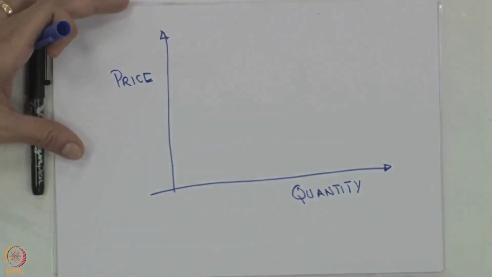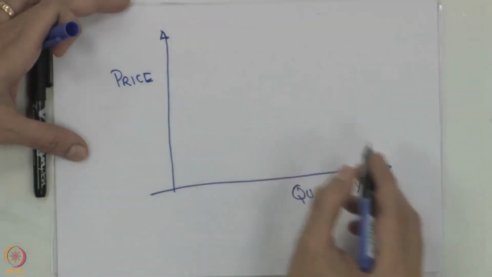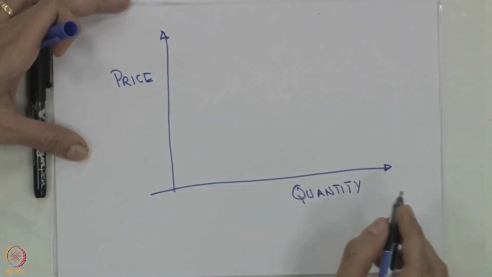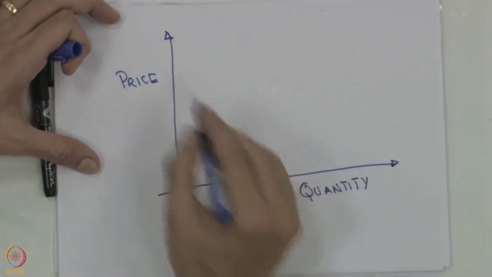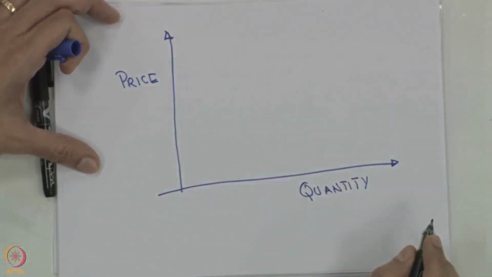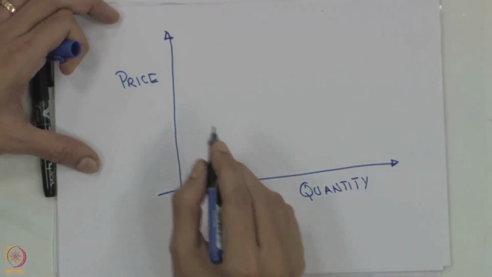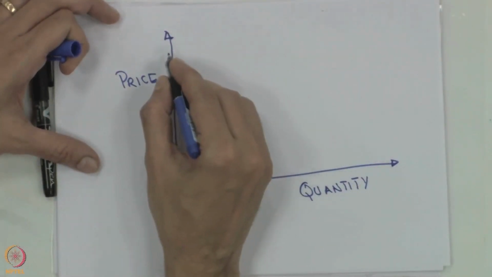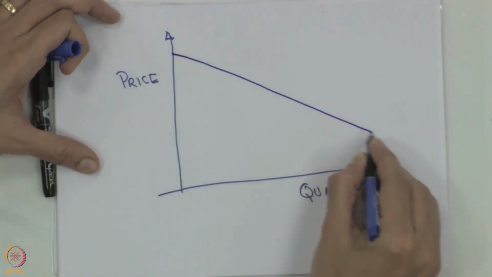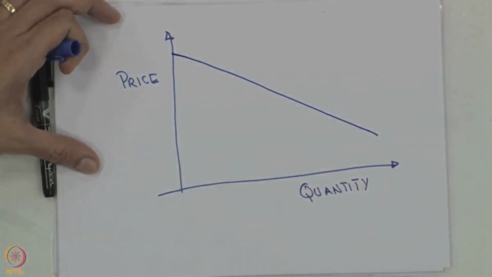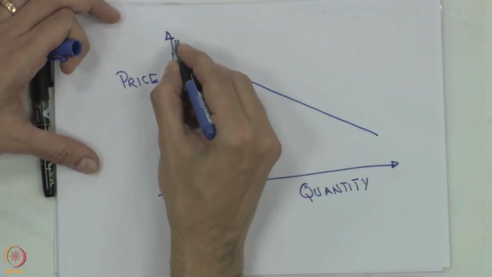So, when we do this, we can create first of all a typical demand curve. So, that means at a certain price, if we are looking at, let us say, coal, there will be zero demand for coal, and as the price decreases, the quantity increases.